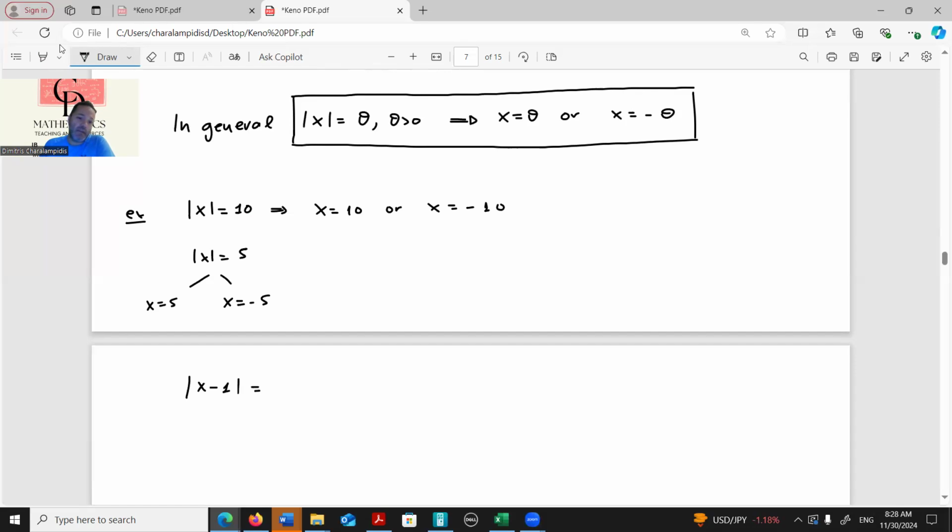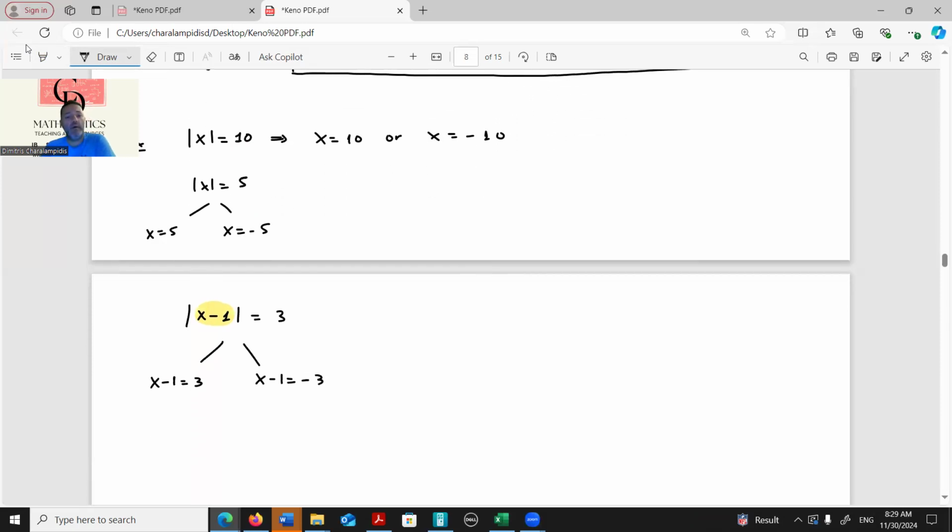So even if I have absolute value of x minus 1 equals 3, I will not just take the x. Look, a common mistake. I'm not going to just lose the brackets, but I'm going to take the expression between the absolute value signs. So I'm going to say that all this can either be 3 or all that can be -3.